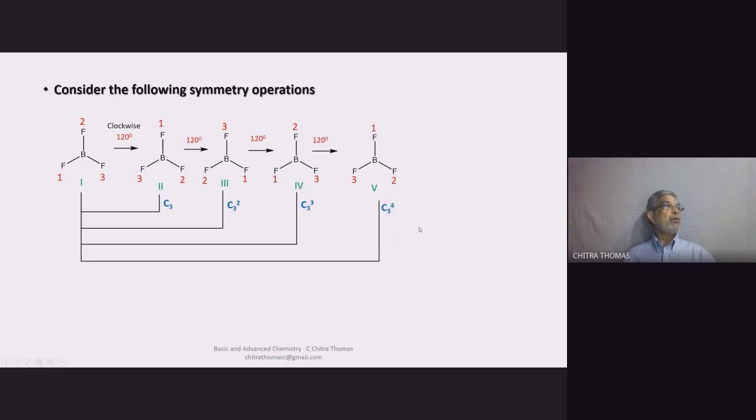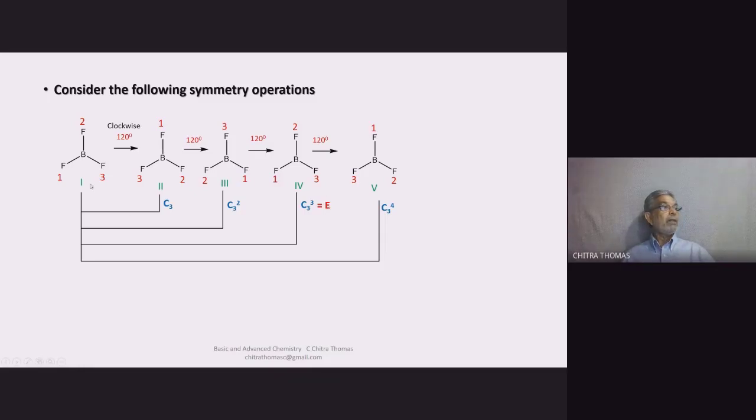Now, compare configurations 1 and 4 and tell me whether these configurations are equivalent or identical. They are identical. So C3 cubed is identity.